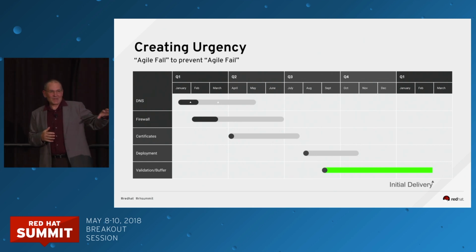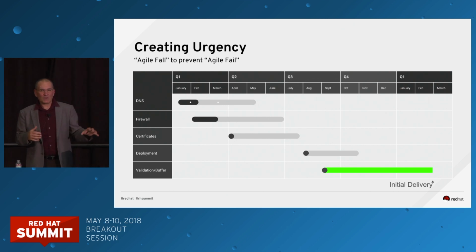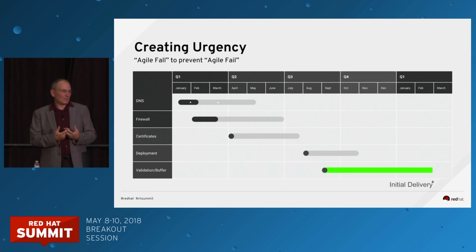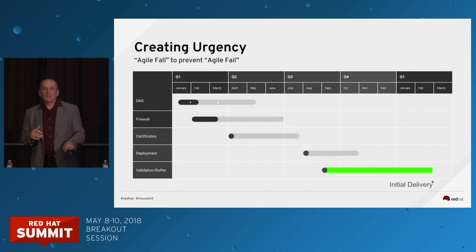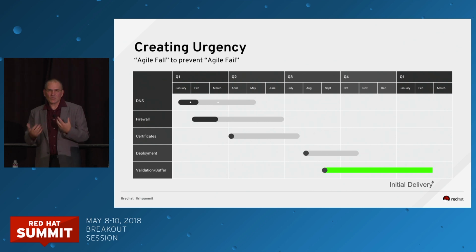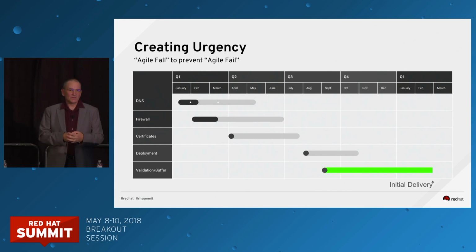Well, I found a good way to use a Gantt chart finally, and it's to create urgency for your partners and people that you need things from. By putting that buffer in the project, you can set timelines and deliverables for partners. So, hey, if this slips, here's what it's going to do to our customer delivery. And you need to be able to articulate that in a very good sense. And a Gantt chart is a great way to do that.